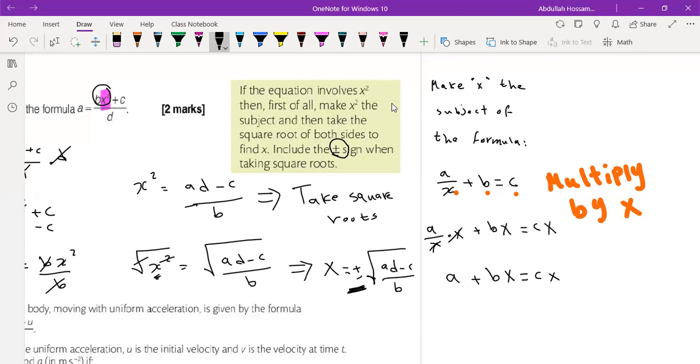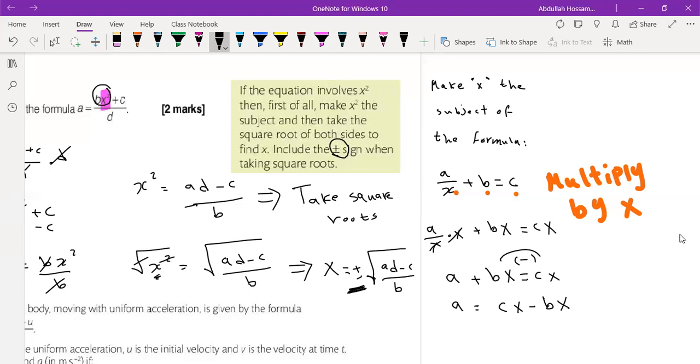I'm lucky I don't have any brackets. So you put x on one side. So you just subtract. So a equals cx minus bx.